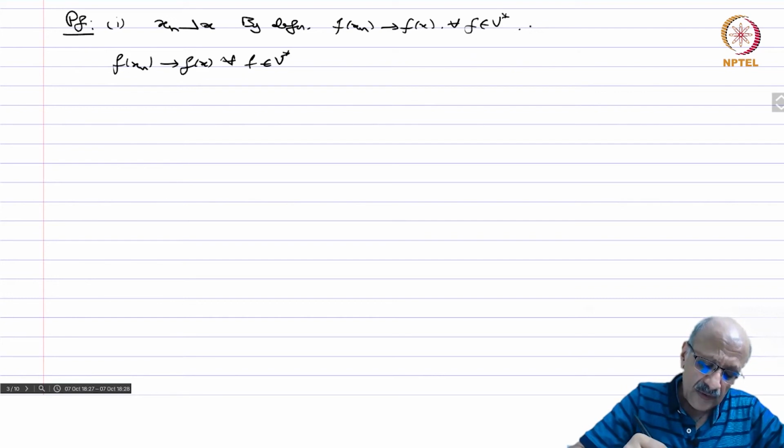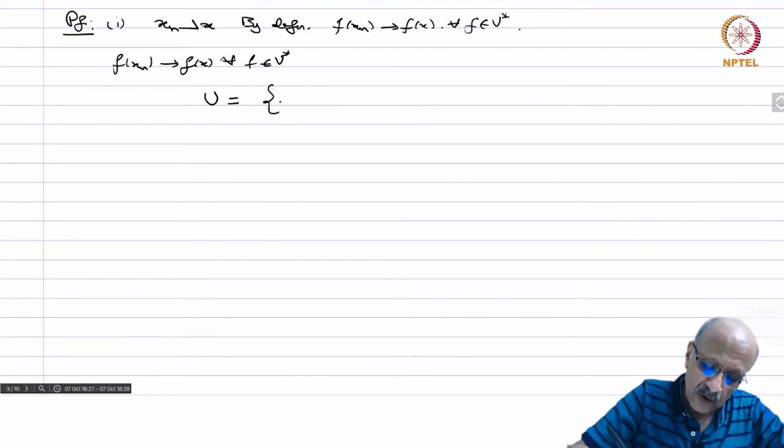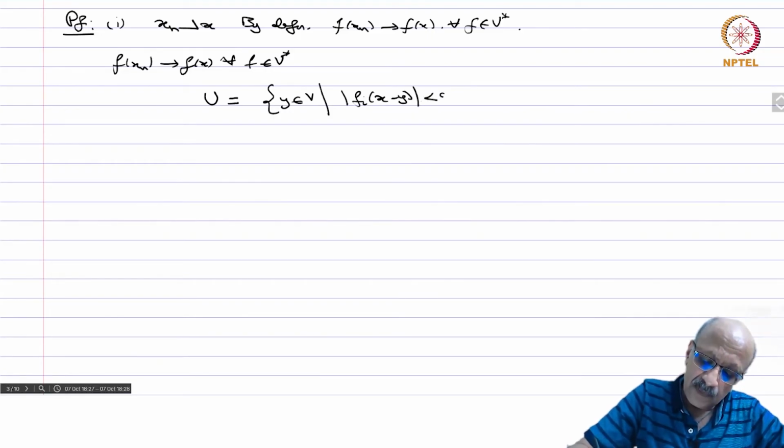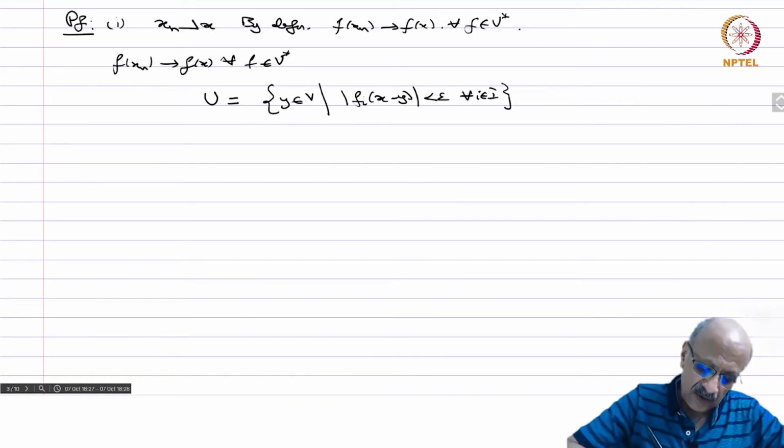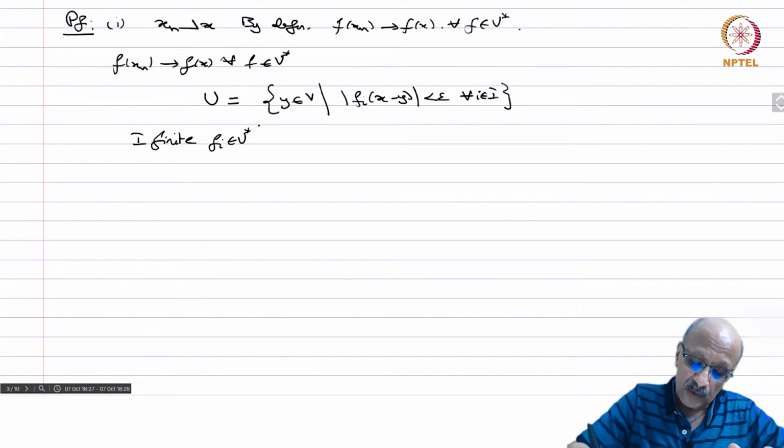Then how does a neighborhood of x look like? U is a neighborhood of x, if you remember, all y in V such that |f_i(x - y)| is less than epsilon for all i in I, where I is finite and f_i of course belongs to V*. So this is how a neighborhood would look like.